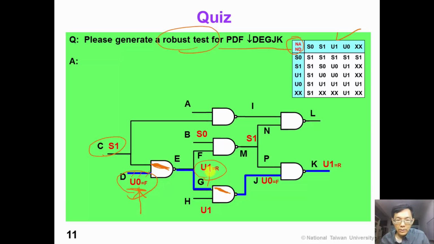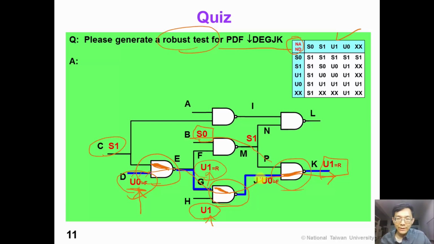Since 1 is non-controlling, the side input H can be U1. And we want to sensitize through this NAND gate, so we backtrace to B and we assign B to be static 0. In this way, we can sensitize this path all the way to output K. Every gate on this path is robustly sensitized. So this is a robust test.